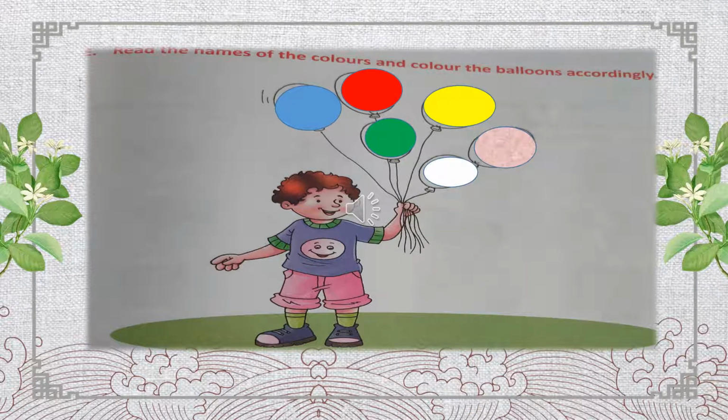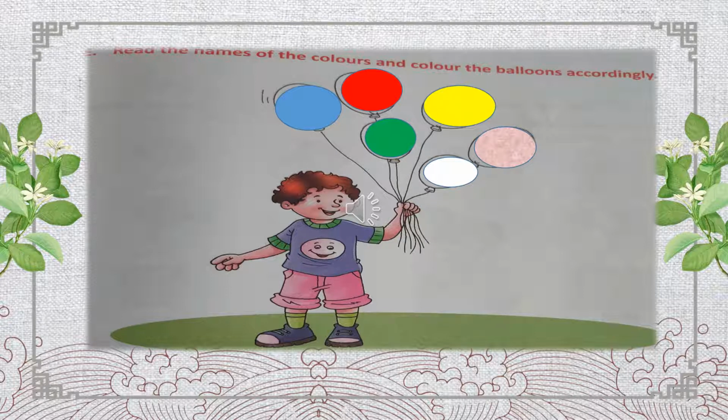This is the last activity given in your English grammar book, chapter 6. Read the names of the colors and color the balloon accordingly. I have already colored the balloons. Where blue was written, I have colored them blue. Where red was written, I have colored the balloon red.